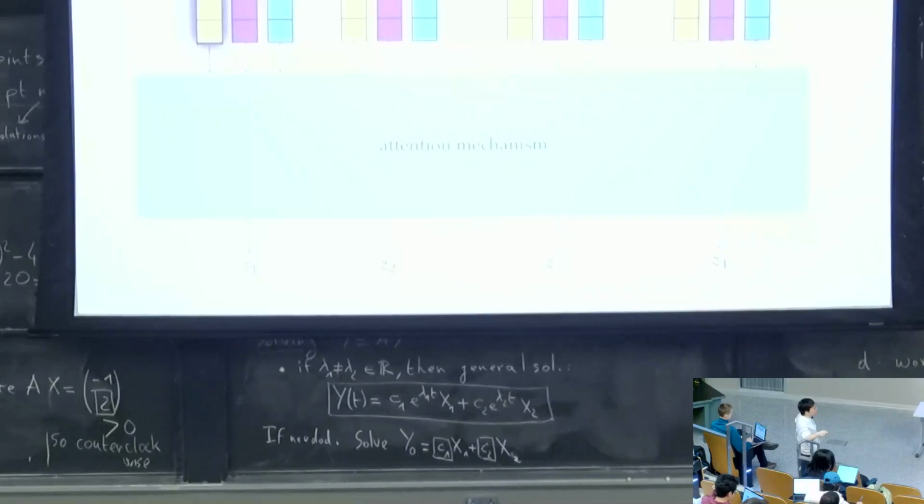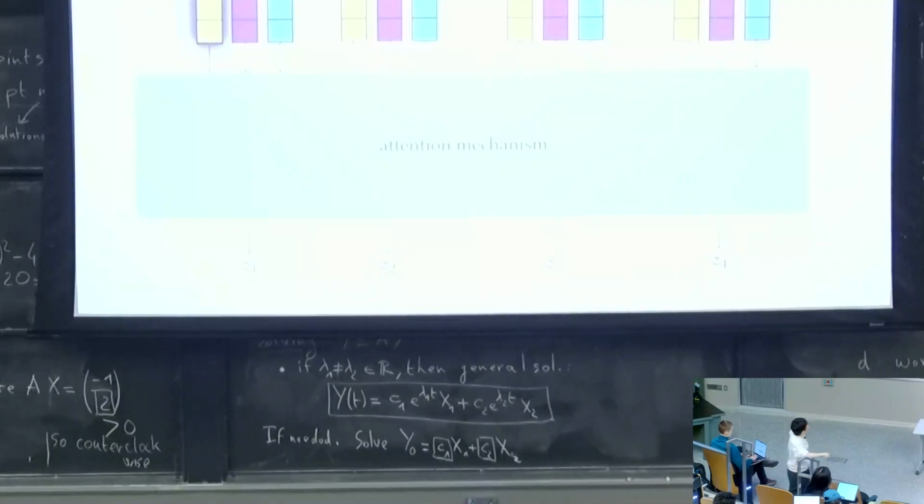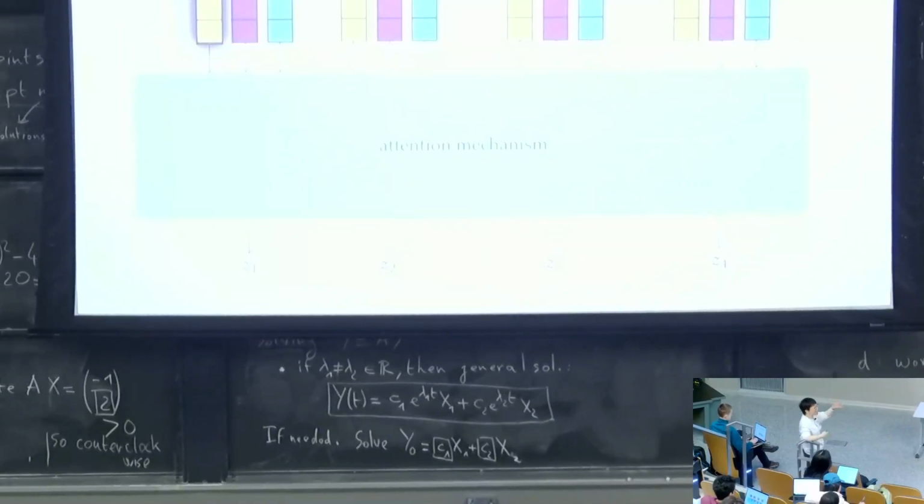Then there are three arrows that trident down this trinity of QKV. Those are the internal thinking process: we frame our question, we listen to each other's questions, and we respond or contribute by giving out values. Those QKVs live in dk-dimensional space.